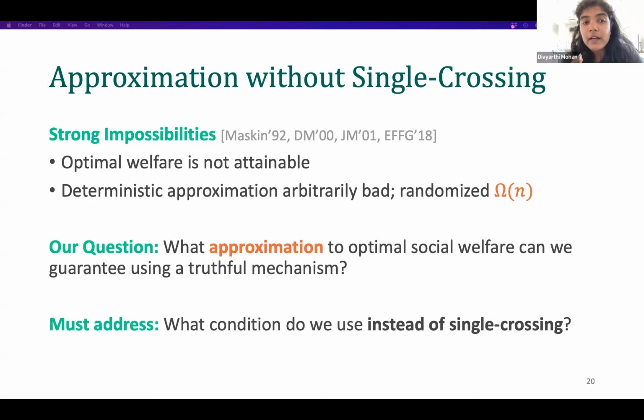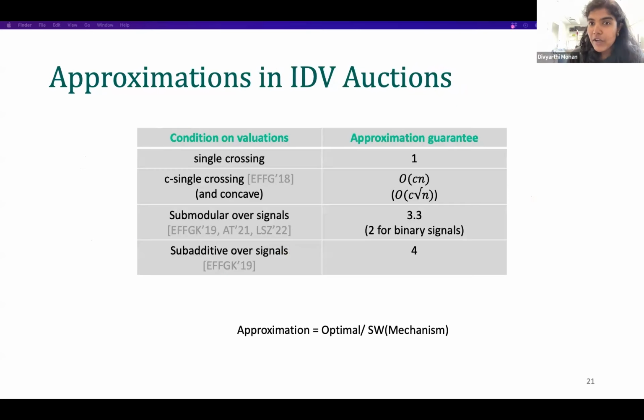But to be able to do that, we have to make some other reasonable assumptions. We need to restrict ourselves to a good class of valuation functions and try to use the structure in those valuation functions. And in the past 5 years or so, there's been a lot of work in the econ-CS community looking at different classes of valuations beyond single crossing to study whether there are approximately optimal mechanisms here.